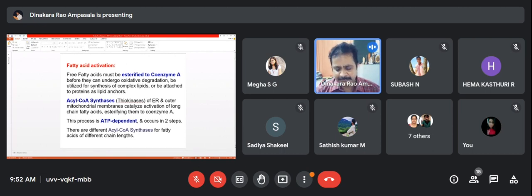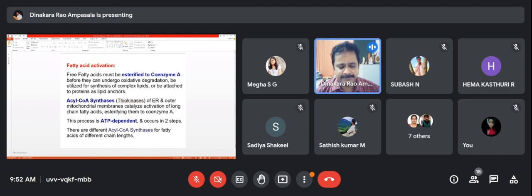Those can be used for oxidation, or to synthesize complex lipids, or attached to a protein to become lipoproteins. Okay, so these thiokinases are present on the endoplasmic reticulum or outer mitochondrial membrane and catalyze the activation of fatty acid to become acyl-CoA molecule.